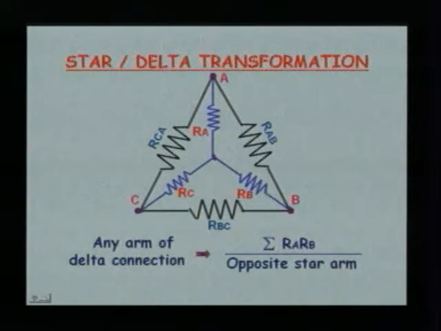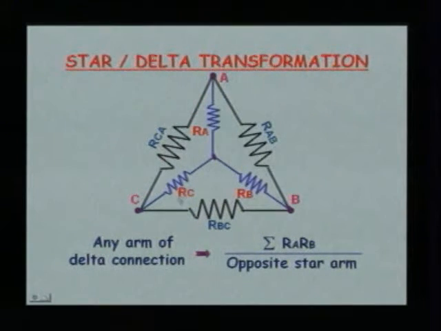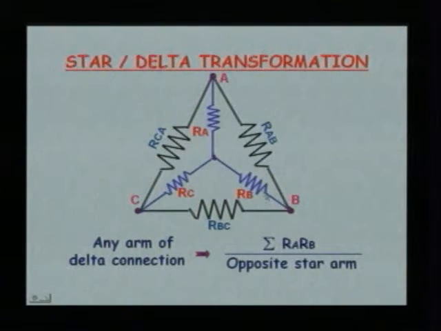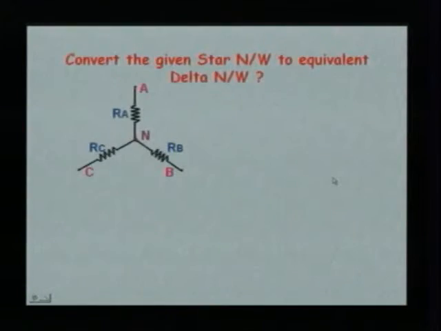That is, if we are considering RAB, we have to take the arm opposite to it, that is RC. If we are considering RBC, we have to take RA; if it is RCA, it has to be RB. Now, let us solve some problems of the conversions.